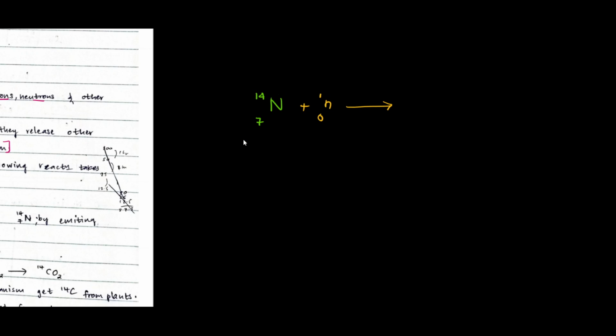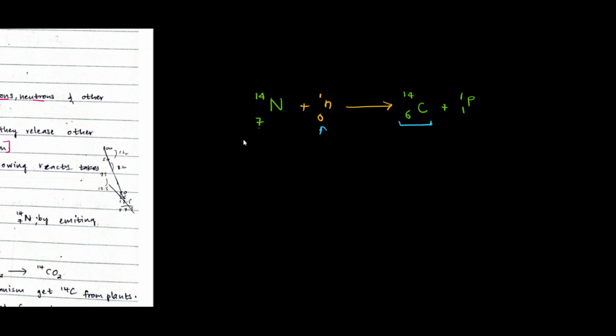If a proton is released and a neutron replaces its place, the atomic mass won't change. Therefore, it will remain as 14, but the charge will reduce. Therefore, it becomes carbon. This is the reaction that occurs due to this fast moving neutron. We get carbon-14.